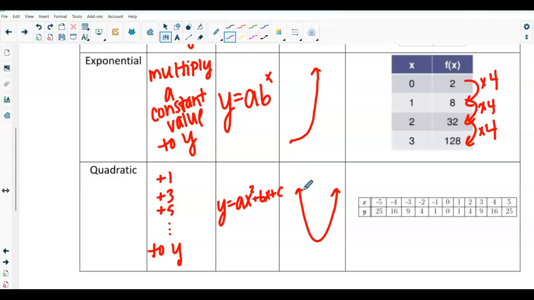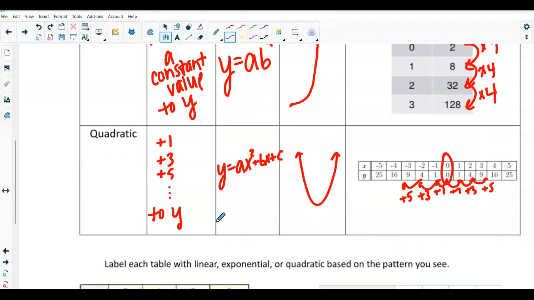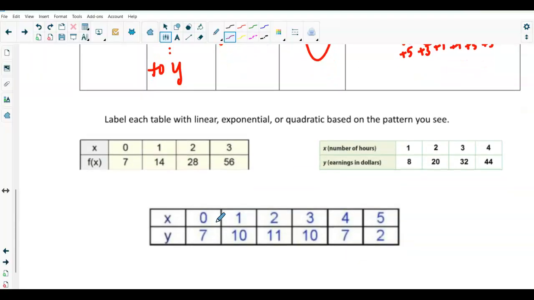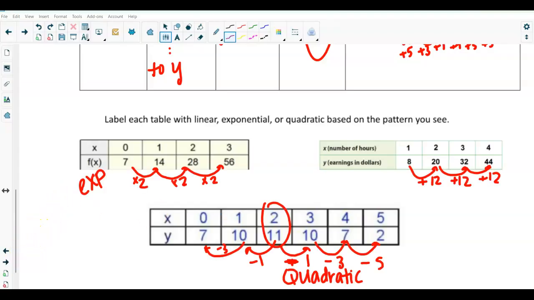And you'll know it's quadratic if you can find where it mirrors, which in this case is our origin, and we can see the +1, +3, +5 in both directions. Okay, at the bottom, use the patterns from above to determine which one is linear, which one is exponential, and which one is quadratic. Pause the video and play to see the answer.